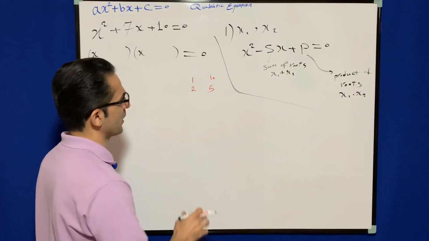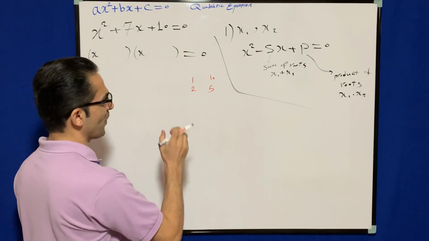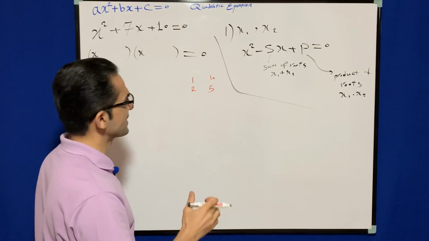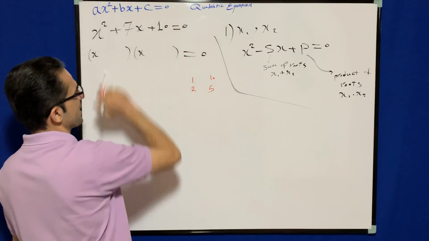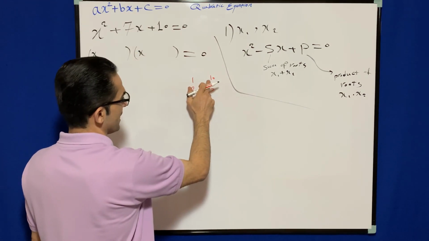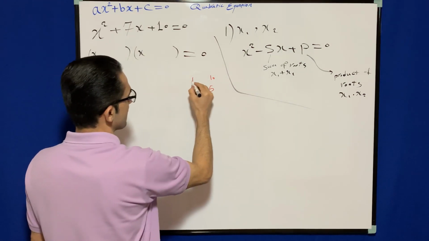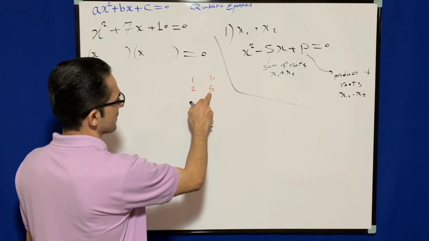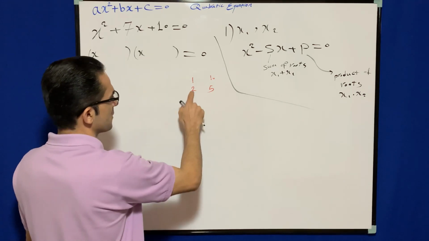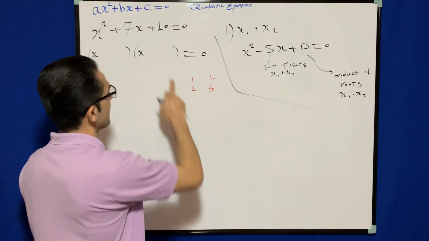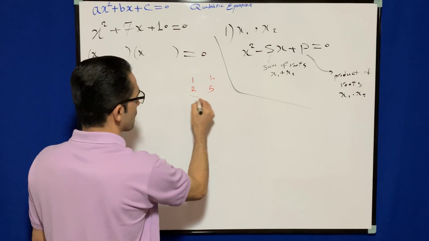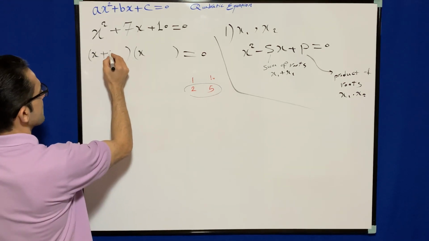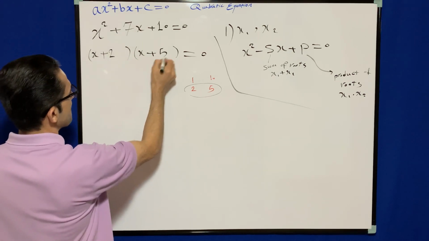I tell you over again, I need two numbers that multiply to get positive 10, and the same two numbers that add up to get positive 7. 1 plus 10 equals 11, so I don't need it. 2 times 5 equals 10. 2 plus 5 equals 7. So the answer works, and I write here (x plus 2)(x plus 5).